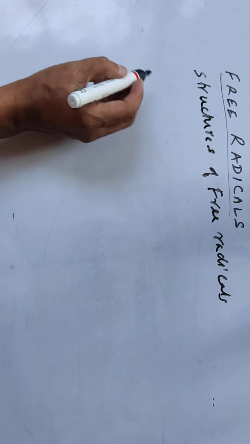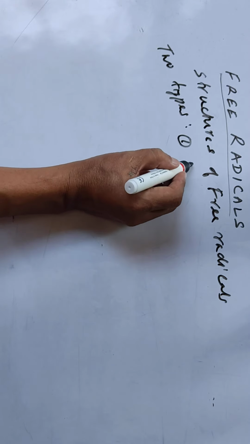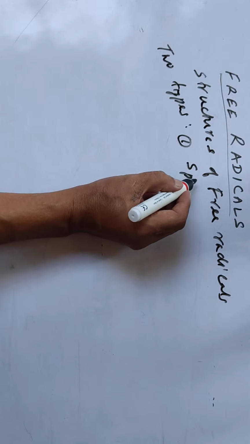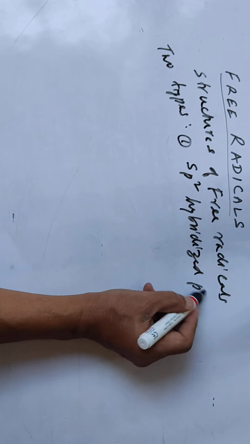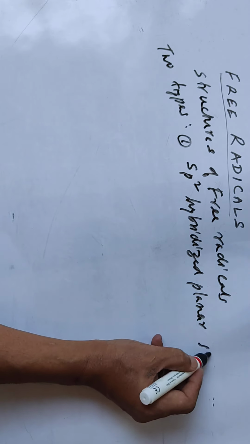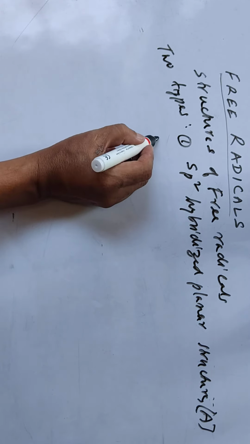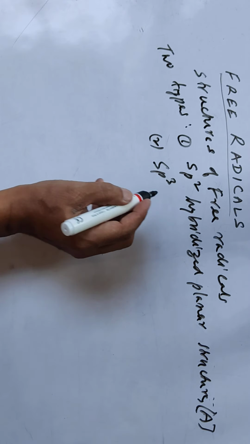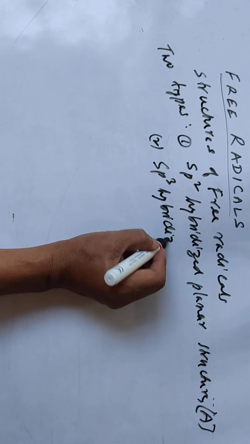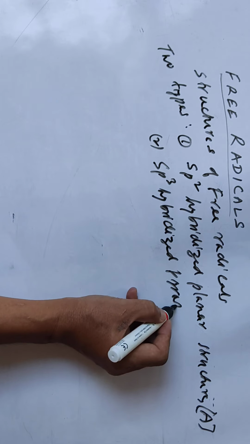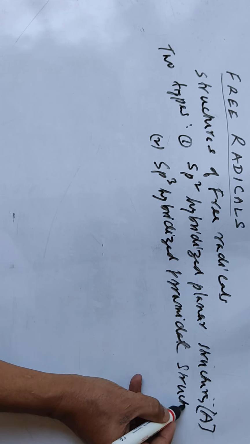The first one is an sp2 hybridized planar structure, let's say A. The other one is an sp3 hybridized pyramidal structure, this is B.